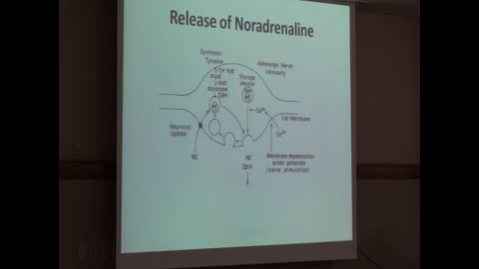Finally the transmitter is formed, noradrenaline, or norepinephrine in America. And that is stored in vesicles. And this varicosity is loaded up with such storage vesicles. And when the calcium comes in, the storage vesicles are moved to the periphery of the varicosity, fuse with it, and expel their content. Do you understand that?